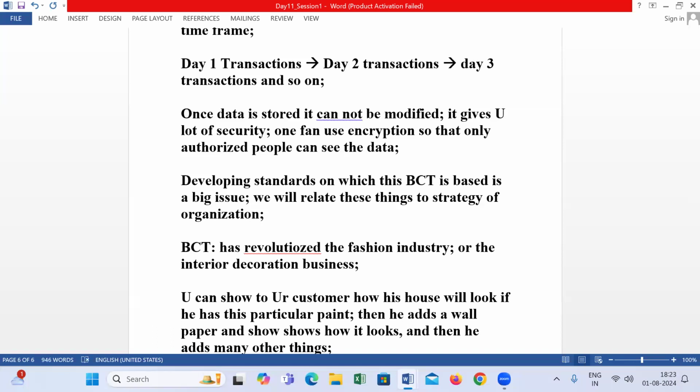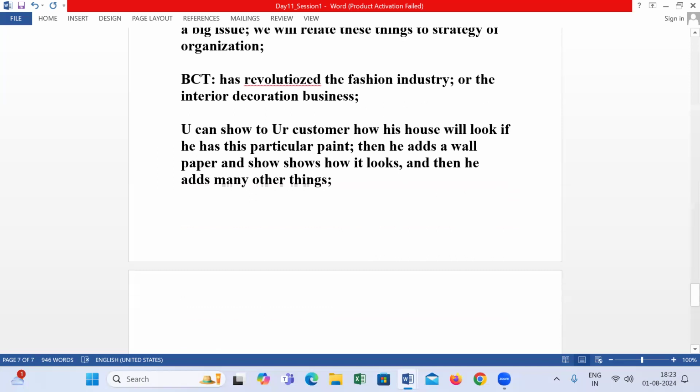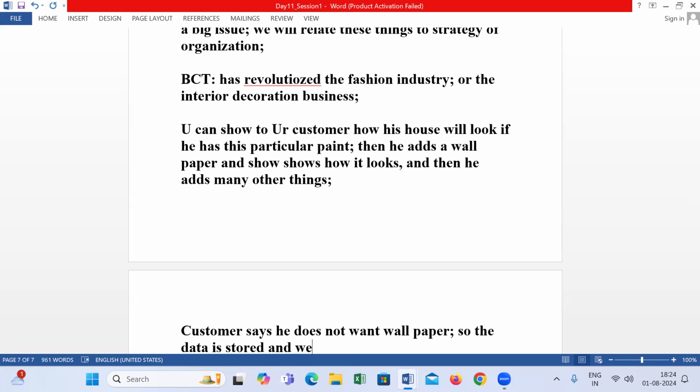Suppose customer says he does not want wallpaper. So the data is stored, and we just go back. The data is stored already at each phase.